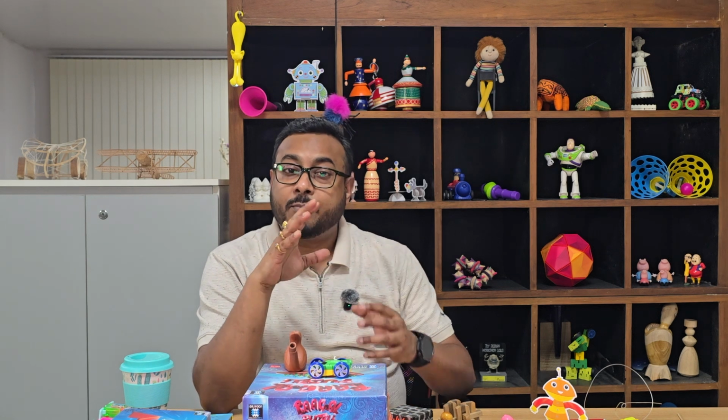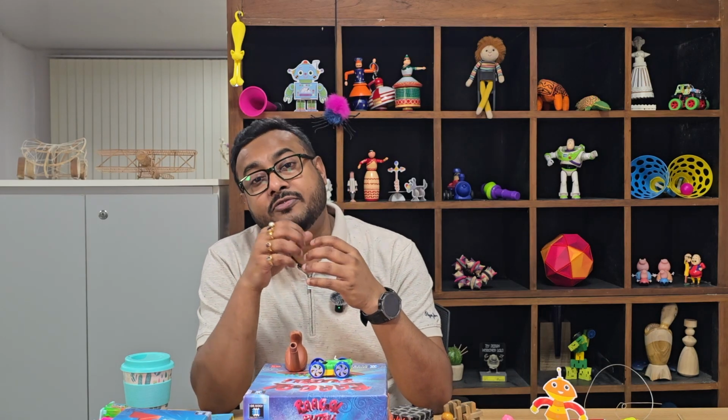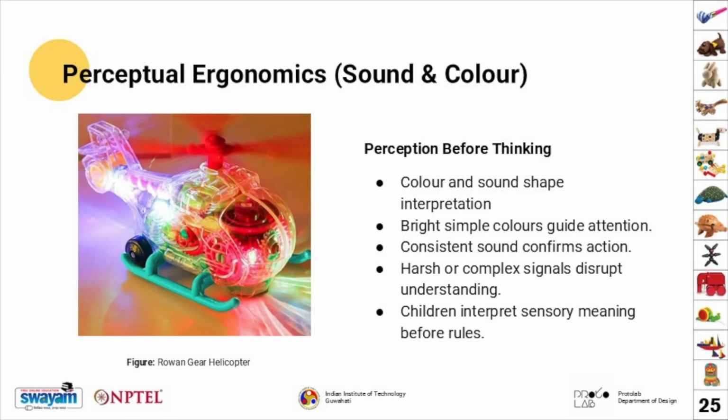Now imagine a board with text instructions, background illustration, decorative graphics, and multiple color codes. Which element is primary? Which is decorative? If hierarchy is unclear, attention fragments.